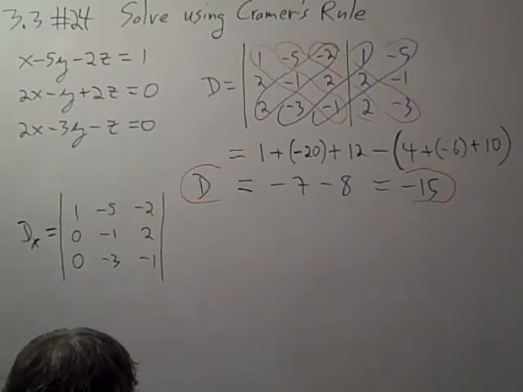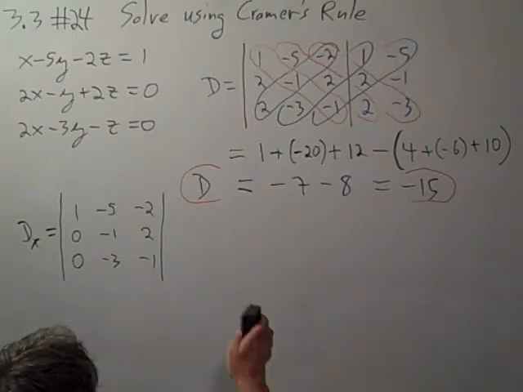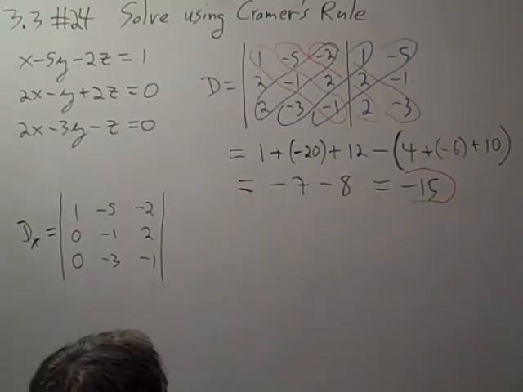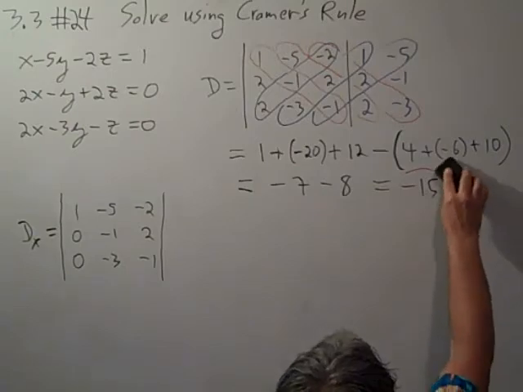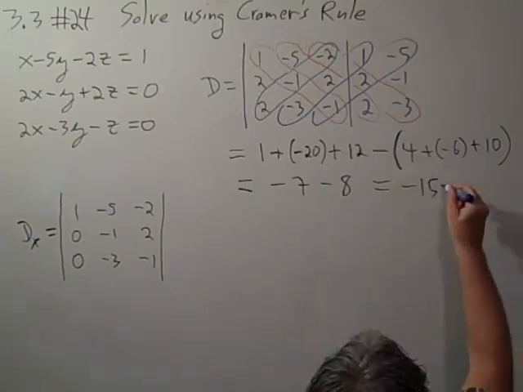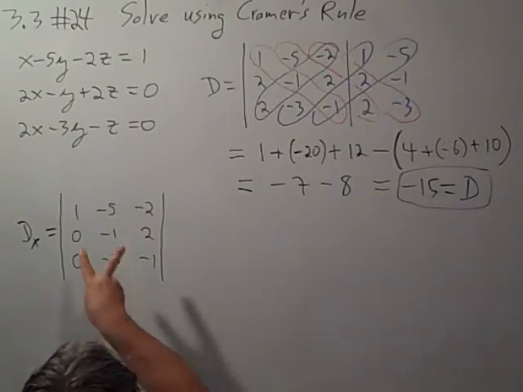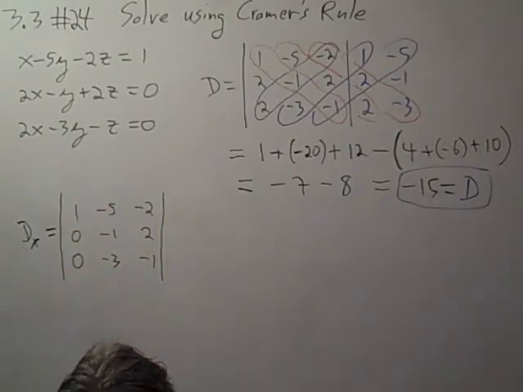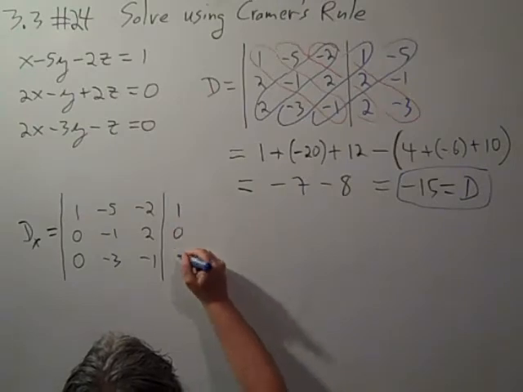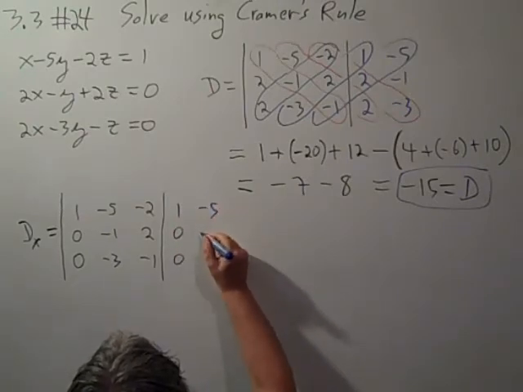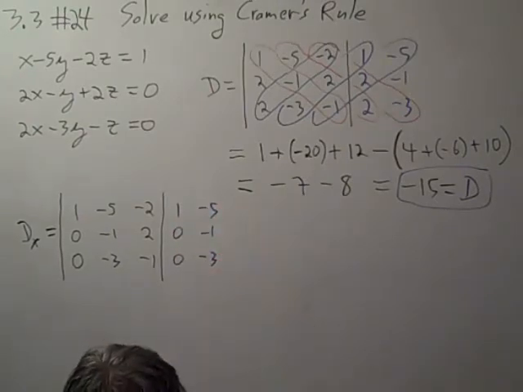So now we need to copy the first 2 columns over. Let me make a little more room for myself and just remind us over here that this is D. So we have to copy the first 2 columns over to the right of this matrix. So 1, 0, 0, -5, -1, -3.